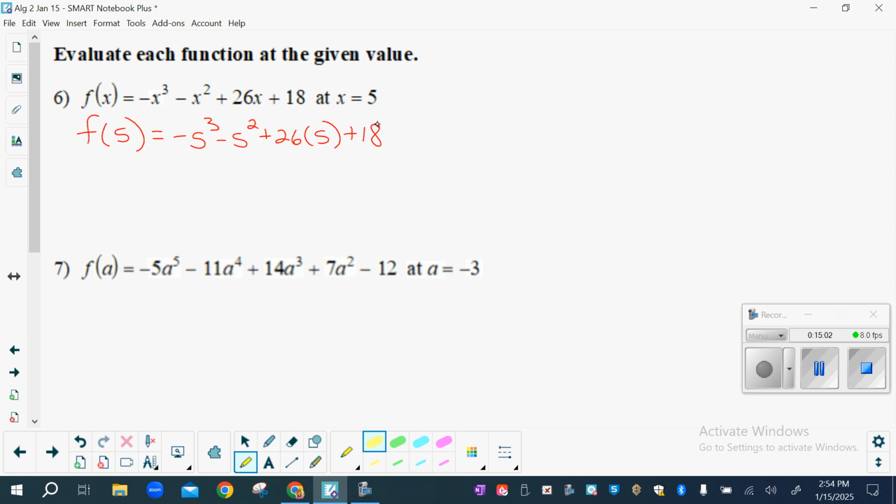Go ahead and use your calculator. Everyone should have a calculator out. Borrow one if you need to borrow one. I don't want you sitting there doing nothing.